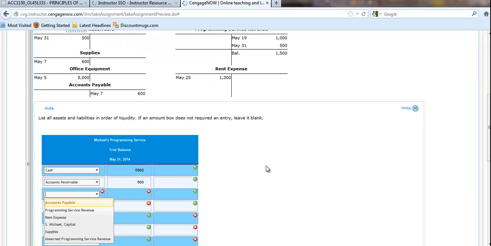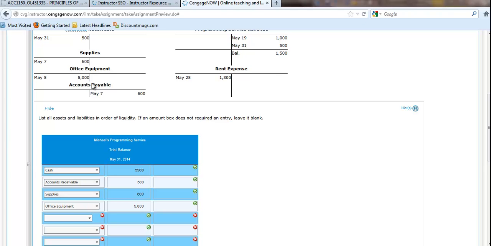After accounts receivable, I have supplies, which has a $600 balance. After supplies, I have office equipment, which has a $5,000 balance. That looks like all of my assets.